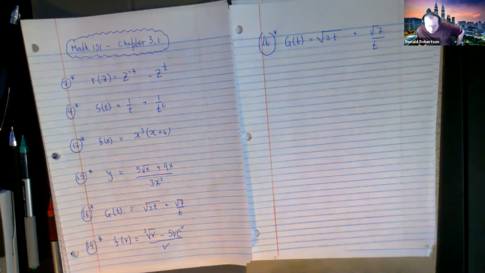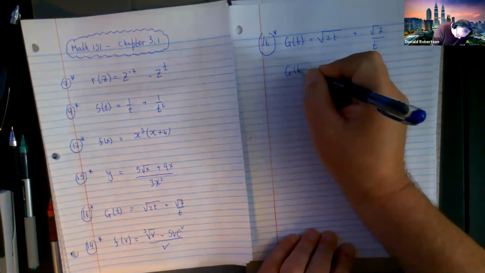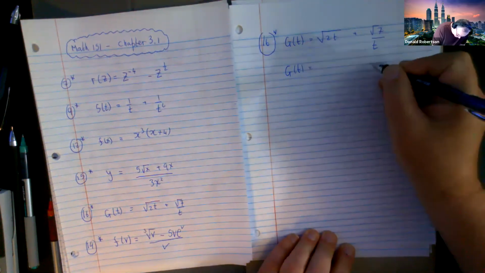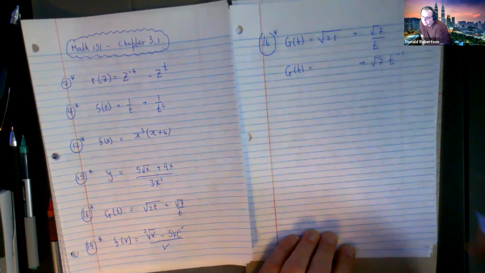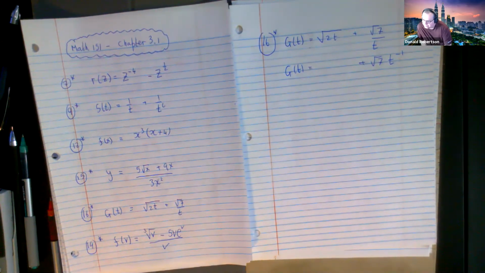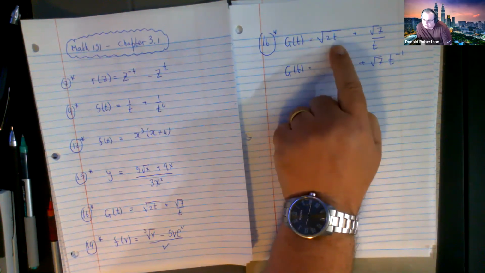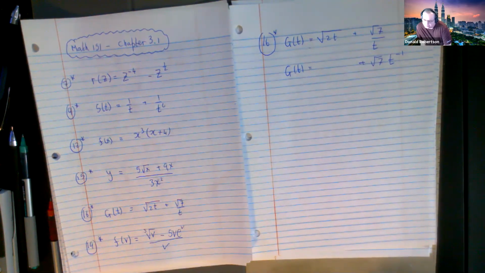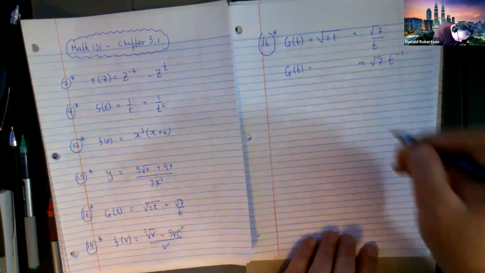I definitely can't differentiate this because I need to turn them into powers of t, right? I'm going to take care of this fella first. That is not really much of a problem. This innocuous looking square root of 2t is a problem. May not look like it's a problem, but yes.